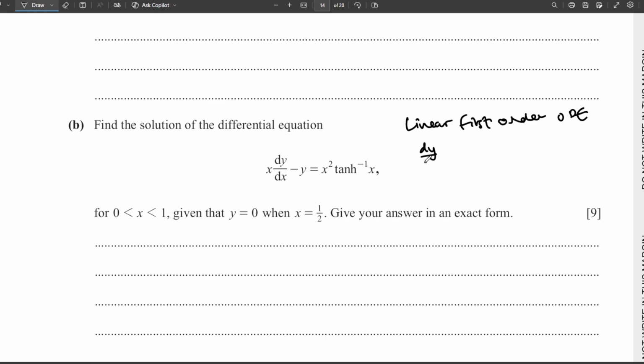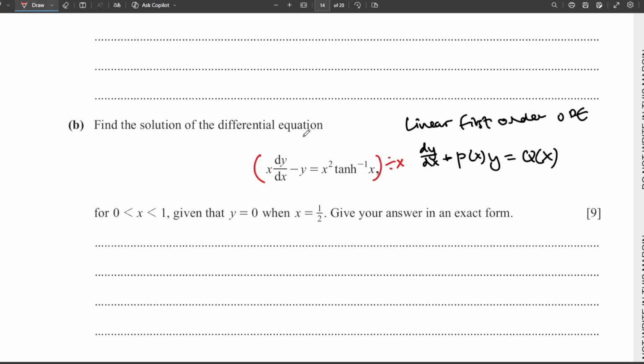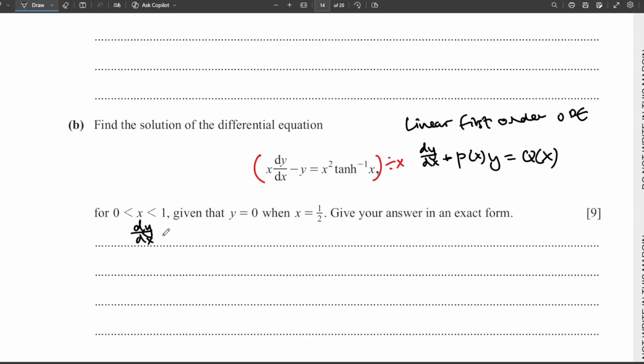The first order ODE appears in the form where you have a differential term, then p(x) multiplied by y, equals another function q(x). So we divide both sides by x. On my left hand side I will have dy/dx minus y over x, then x inverse hyperbolic tangent of x.